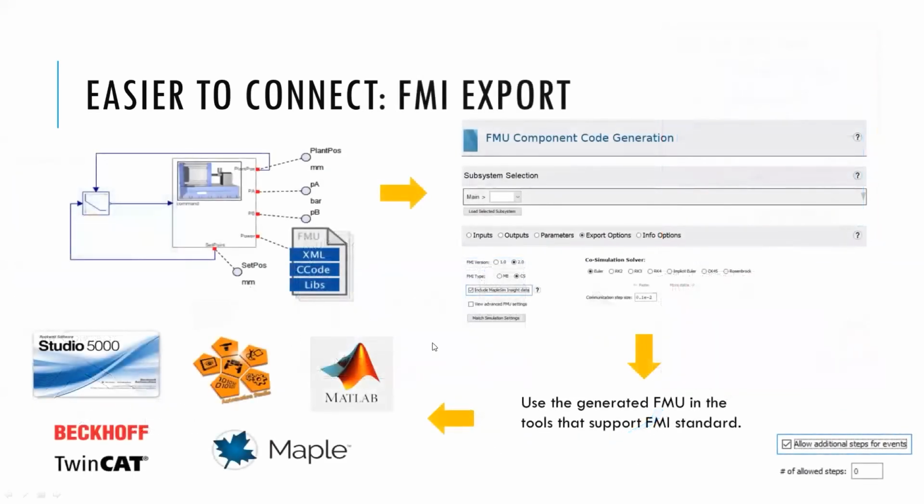So to start, we've put a lot of energy in the FMI export. And really, you don't need to know the terminology of it, but the important piece is that it's an open standard for describing and encapsulating a model so that other tools can take that model and bring it into a simulation.